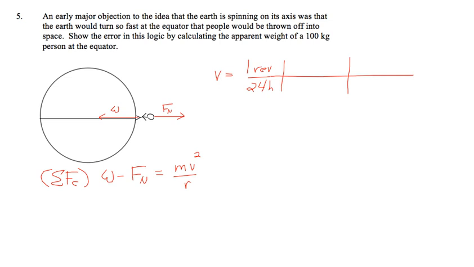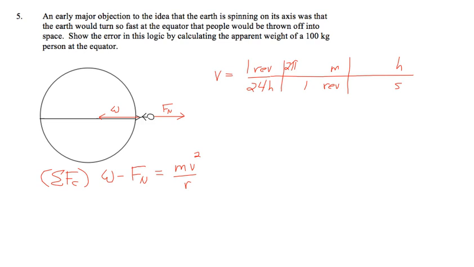And I can convert it into meters per second in 2 steps, because I can convert my revolutions into meters, and I can convert my hours into seconds. So I'm going to get 1 revolution equals, again, if we're doing a circle, we're moving through the circumference of a circle. So it's going to be 2 pi times the radius of the Earth. It's on your formula fact sheet.